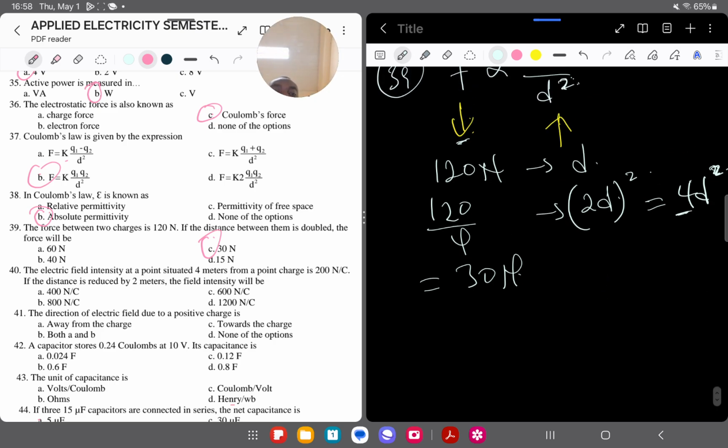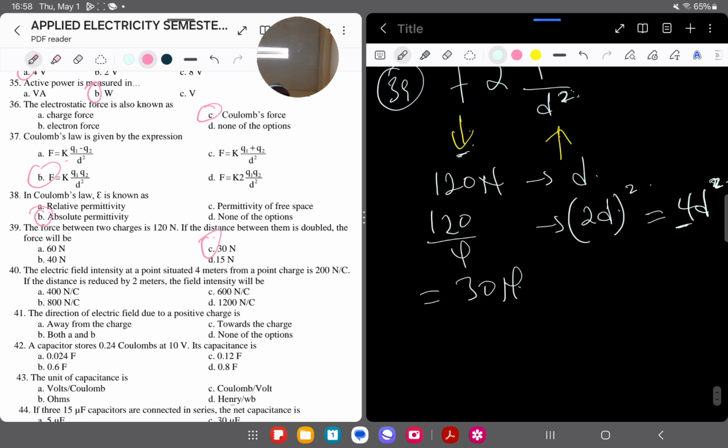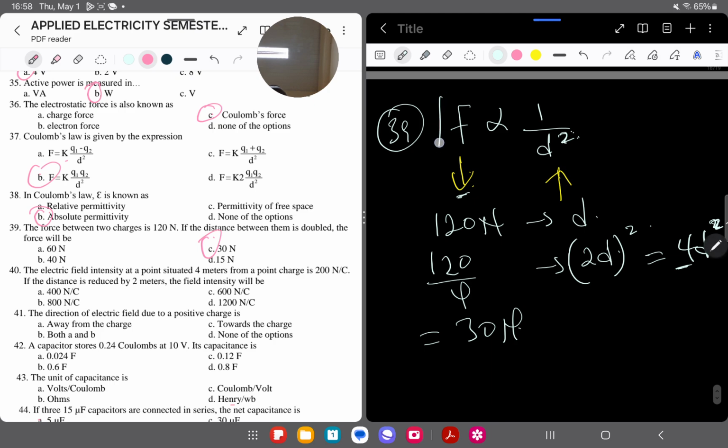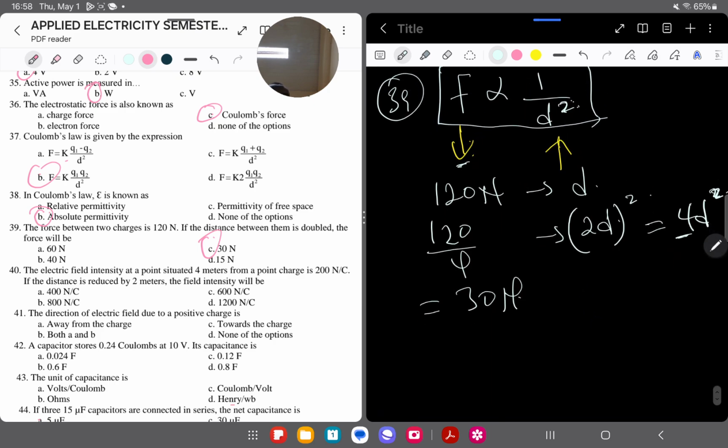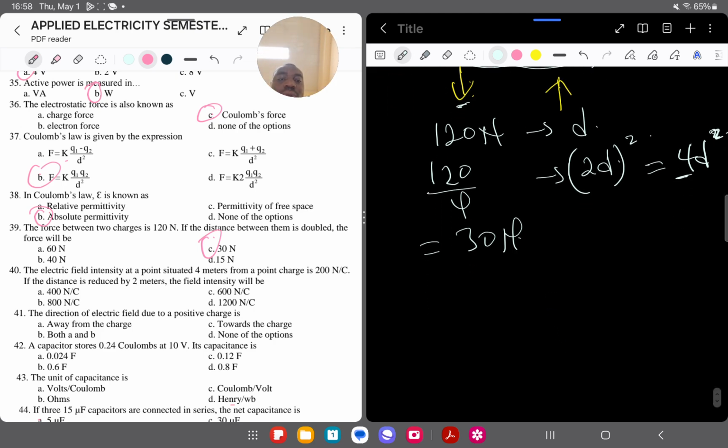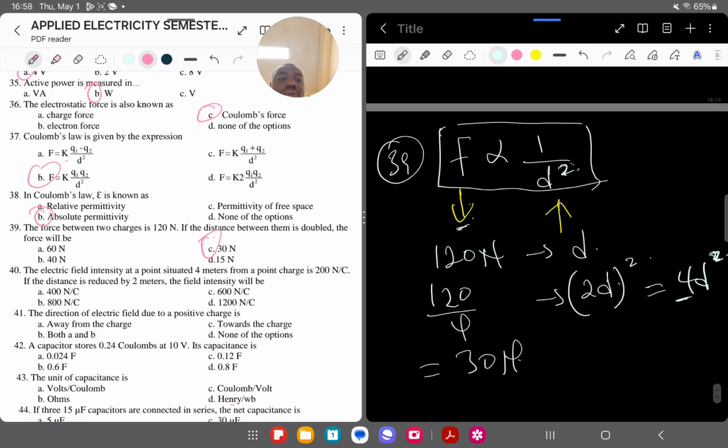The other way is to look at the formula I wrote here, which is that the force is inversely proportional to the square of the distance between the two charges. We can expand on this to mean that force will be equal to K, which is a constant, over d squared here.